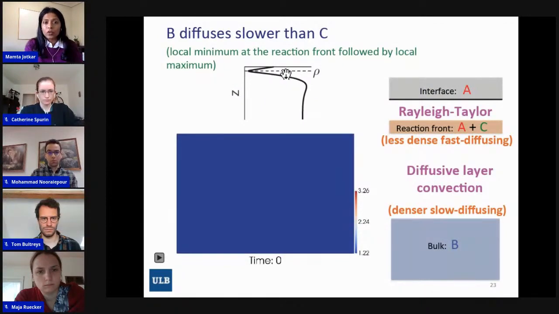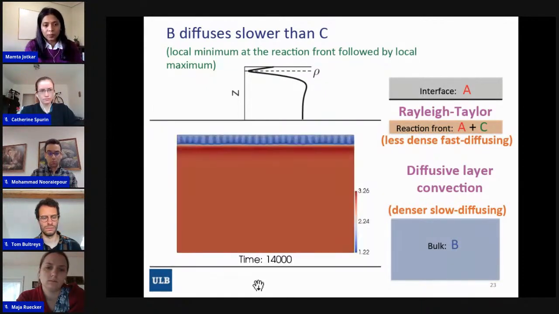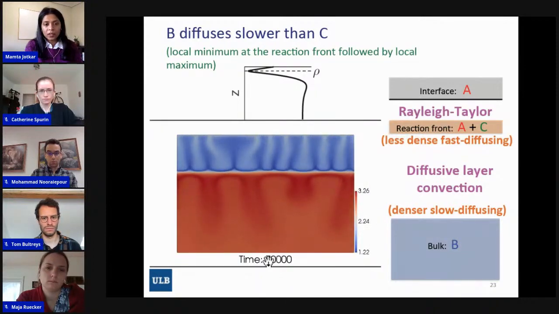So at the reaction front, C is produced, which diffuses fast towards the bulk, but B from the bulk is slow. And this gives rise to diffusive layer convection that couples with the Rayleigh-Taylor instability. These two zones of convection are formed, and the interface between them remains flat in the course of time. The antenna-shaped structure of the diffusive layer convection can be seen here.